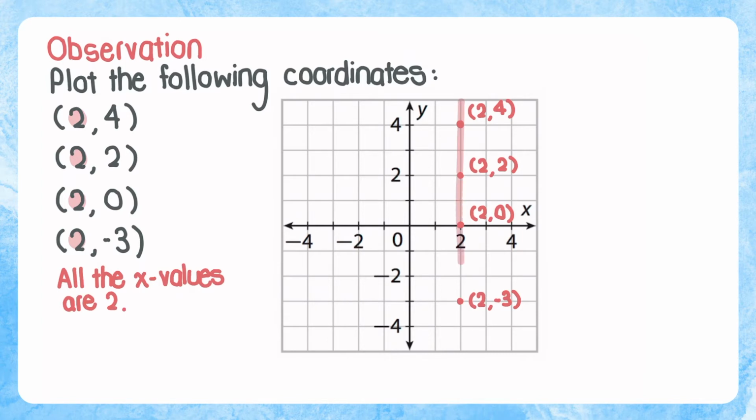Notice here, I can draw a straight line going up and down. So I can draw a vertical line. And the equation to describe this vertical line is x equals 2.